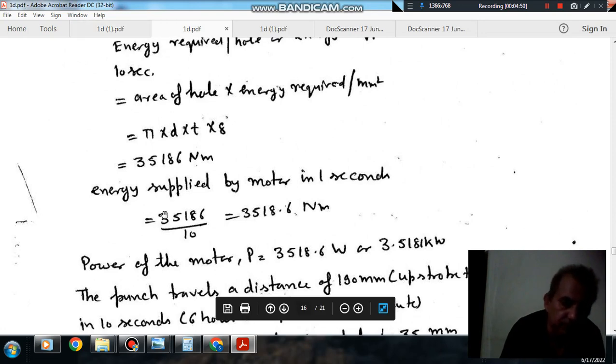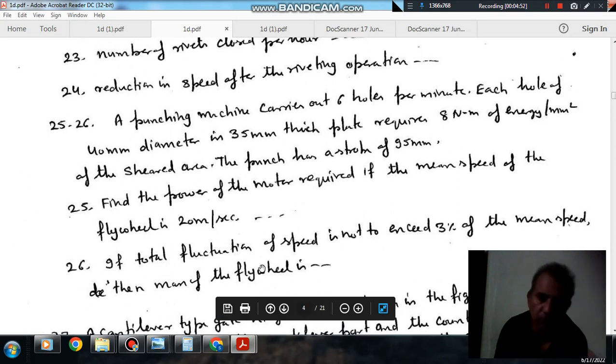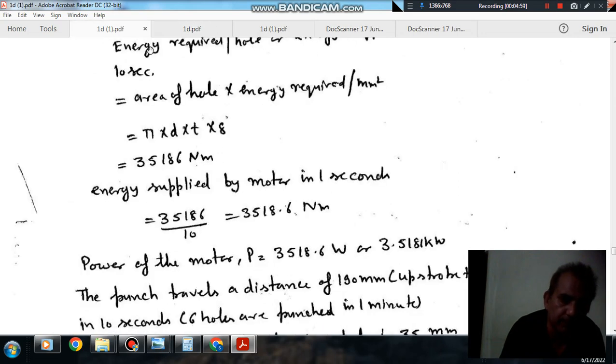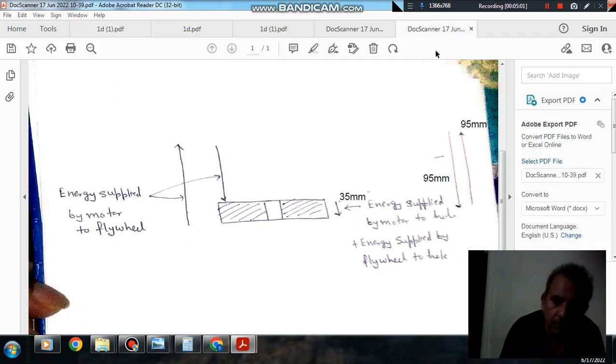The second question is question 26. The fluctuation of speed is not to exceed 3% of the mean speed; then find the mass of the flywheel. This complete cycle takes 10 seconds, so 190 mm travel of the punch takes 10 seconds.